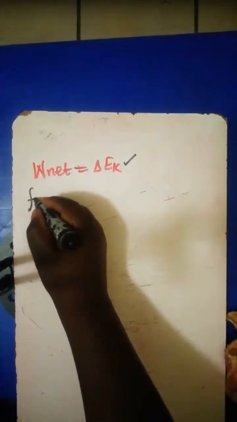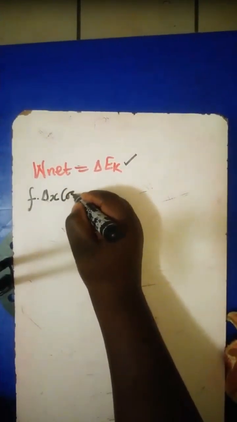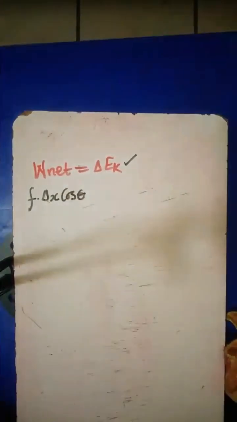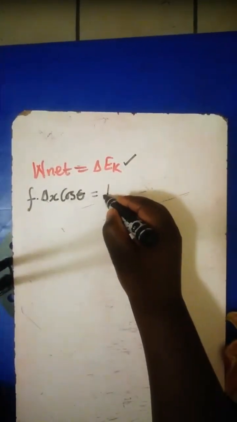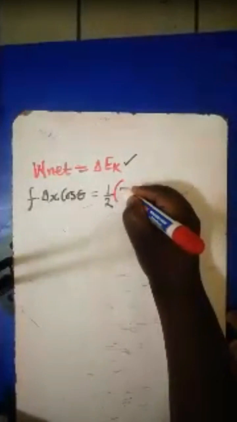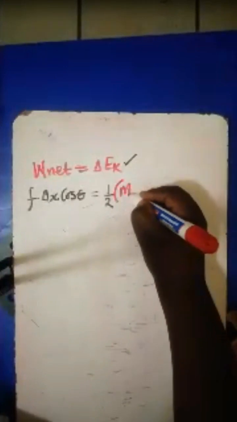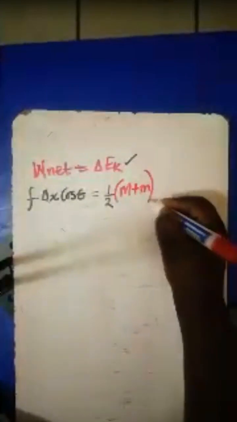So we're going to have F Δx cos θ equals 1 over 2. Remember, most of the colleagues lose the mark here. You did not combine the masses. It was supposed to be mass of the bullet plus mass of the box.